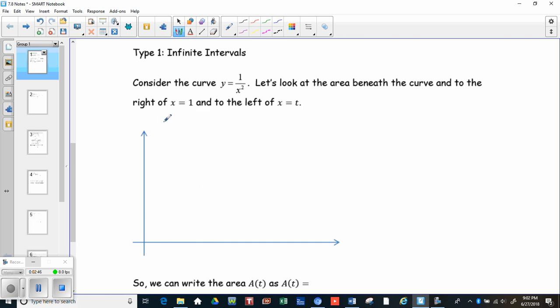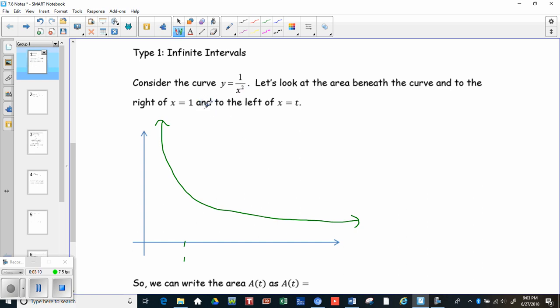It looks something like this. x equals 1 would be right about here. 1 over x squared would also be a mirror of this over here, but we're only interested in the positive portion for this case.